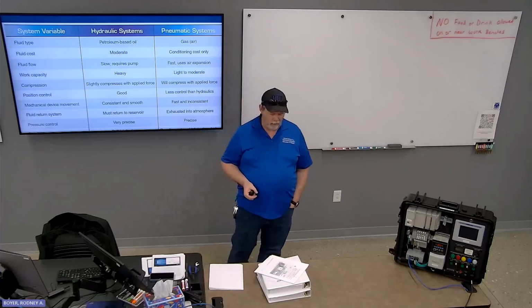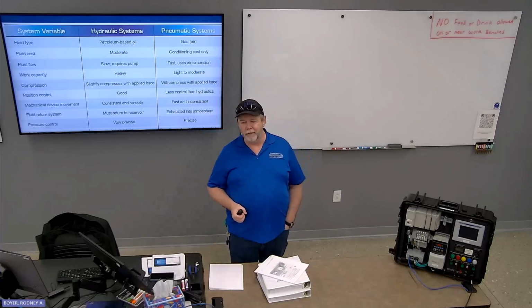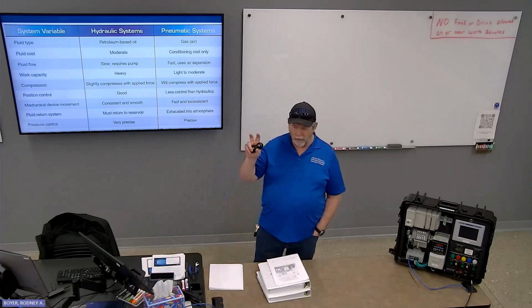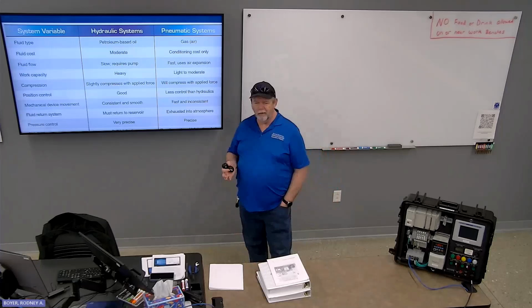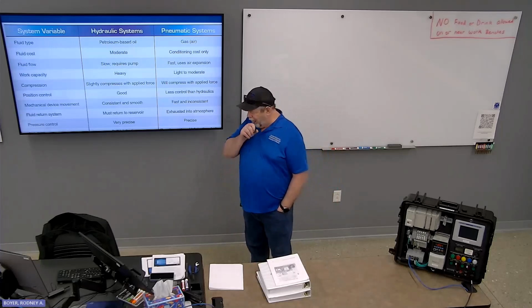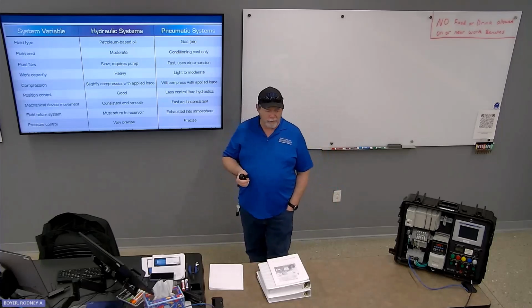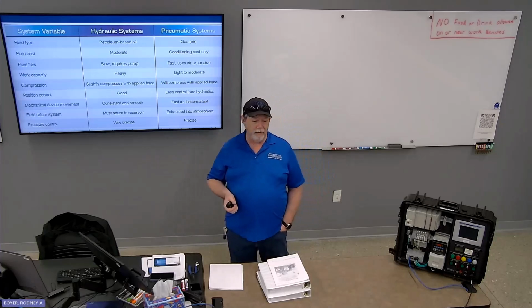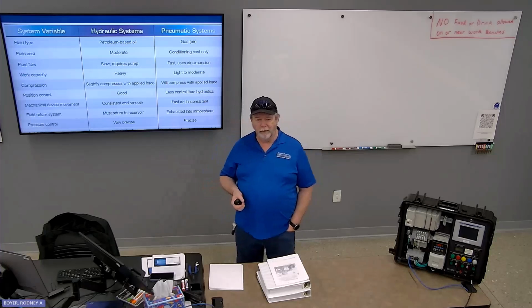Hydraulic systems typically run at much higher pressures than pneumatic systems do. Typical shop air in a pneumatic system is 110, 112. Pardon me, 110 to 120 pounds. Typical hydraulic system is 5,000 pounds per square inch.